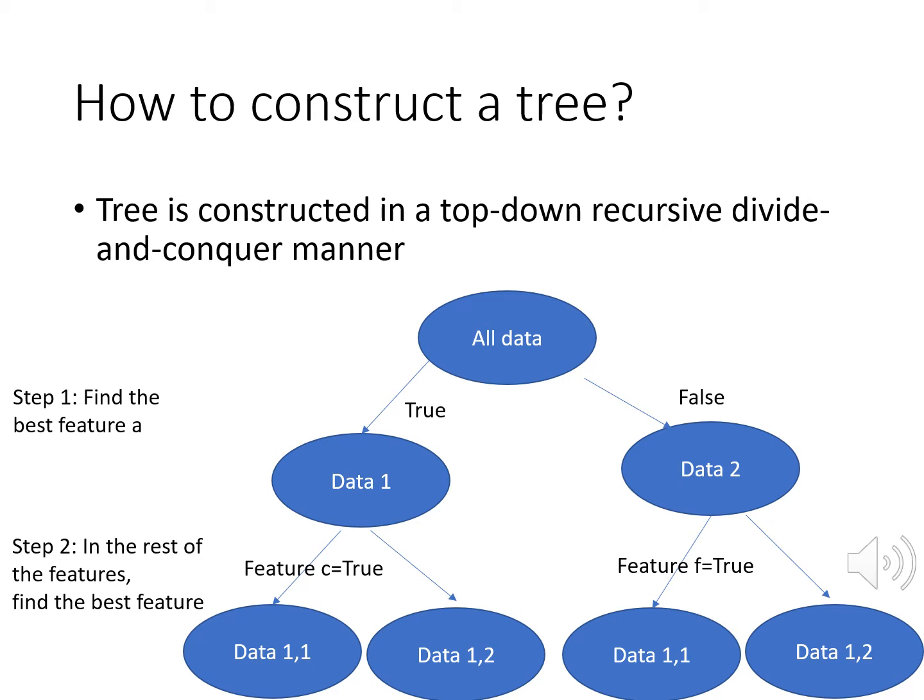Then for each subset, for data 1 and data 2, we further find the best feature in the rest of the features to further split the data.